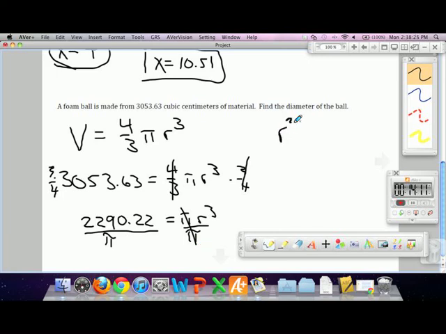Or maybe better yet, because we're going to use a calculator anyway, raise everything to the 1/3 power to undo the 3. The reciprocal of 3 is 1/3. Therefore, r is 9. So the diameter of this ball has got to be 18 centimeters.